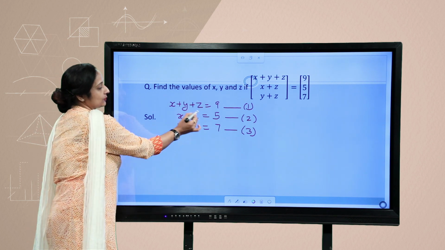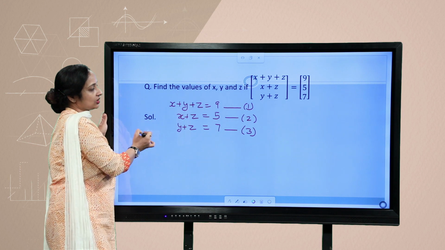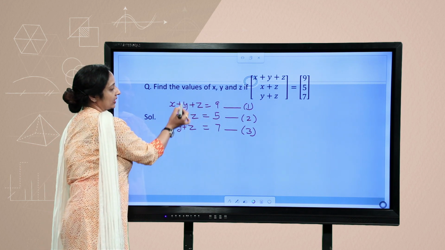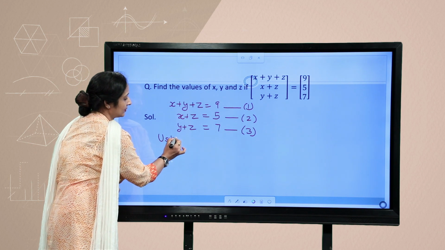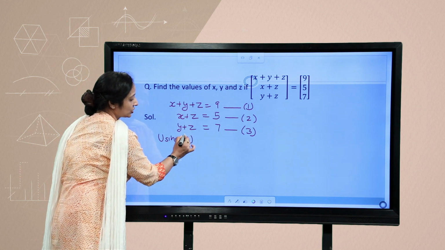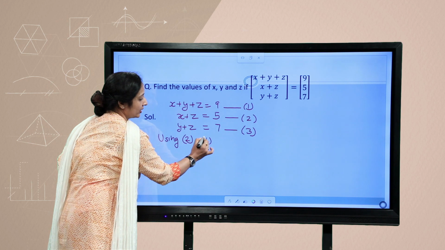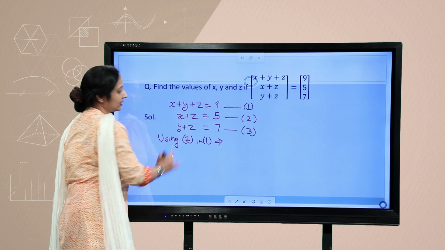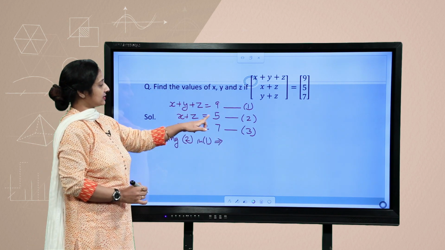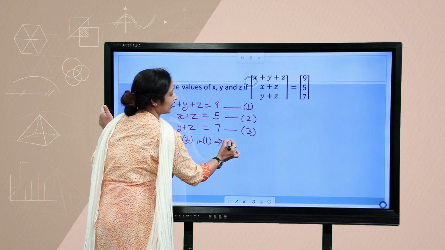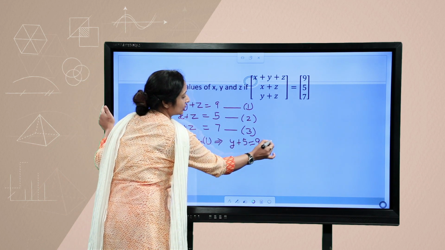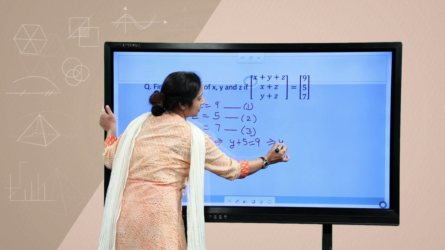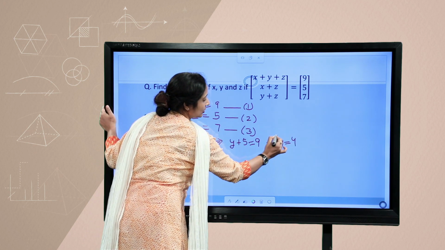How? Suppose we take equation 2, x plus z is 5. Let's use it in 1. Using equation 2 in 1, we replace x plus z by 5. So you will get y plus 5 is equal to 9. That means y is equal to 4.